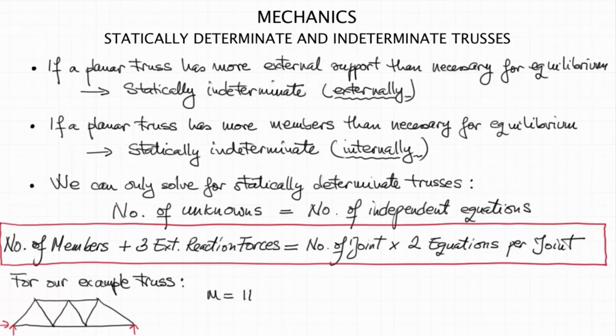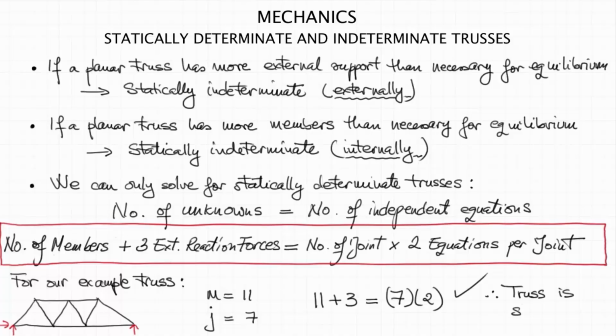The number of members, if we count them, is 11 in total. The number of joints is 7. So that means 11 members plus 3 external reaction forces to determine equals 7 joints times 2 equations per joint. So 14 equals 14.